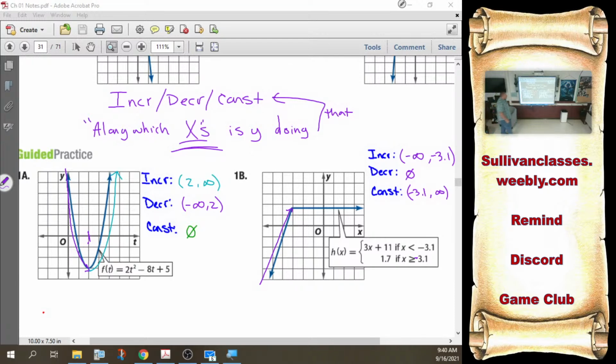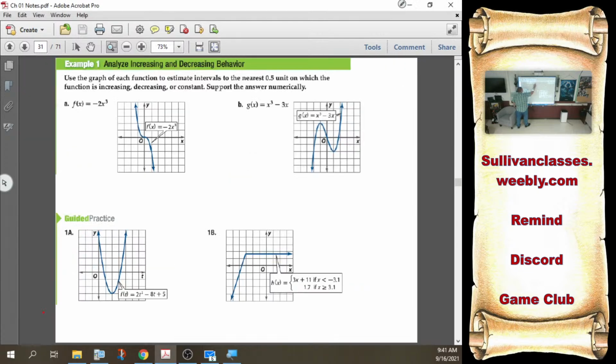It's really common for kids to kind of goof because they see this arrow pointing down and to the left. It makes some kids go cross-eyed. Okay? Just be careful with it. As the x's are doing this, the y's are increasing, decreasing, or constant. The reason so many of these things are dependent upon x, the independent variable, is because it's the thing we change. It's the thing we have control of. I'm going to define my mathematics based on what I can change, what I have control of.